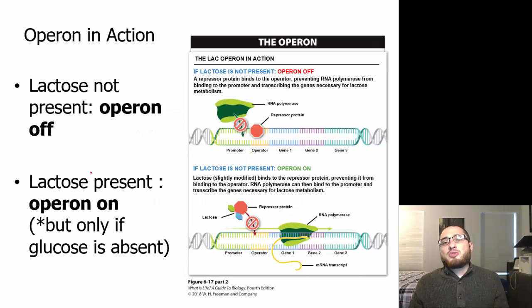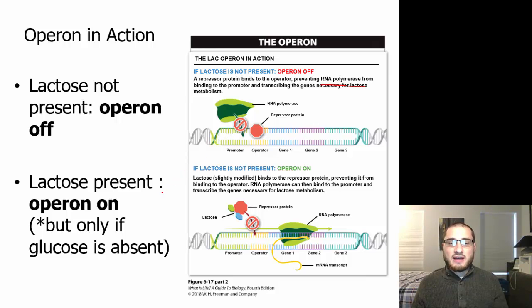Now, just as an example, in the book, they talk about lactose. You can have an operon that is off, where if lactose is not present, that operon is going to be off, which is going to prevent the RNA polymerase from binding to the promoter. So now we can't transcribe that protein. You can't take that DNA, turn it into mRNA, and create that protein.